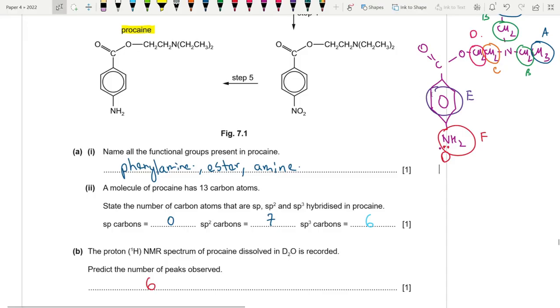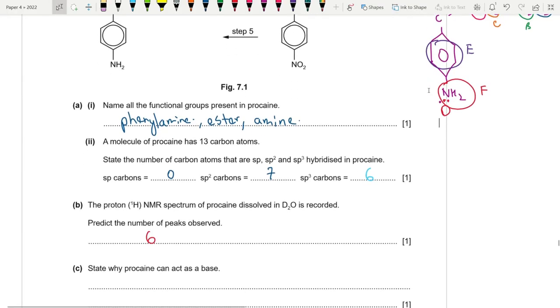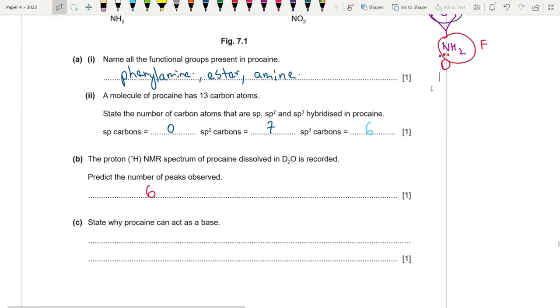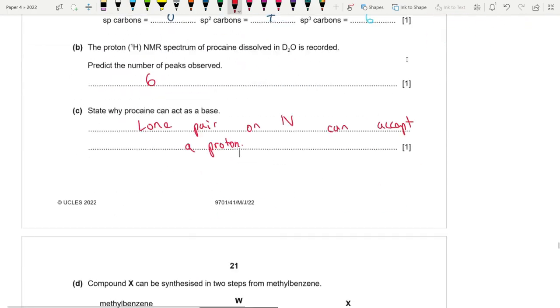So you do still have hydrogens over there, okay. A dative covalent bond is formed with the deuterium, but we don't lose the NH2. That is probably the answer why we don't lose it, okay. So why is procaine a base? Because of the lone pair, right? The lone pair on nitrogen can accept a proton. So yeah guys, that is probably the reason, but if I do have updates, I'm going to let you know.